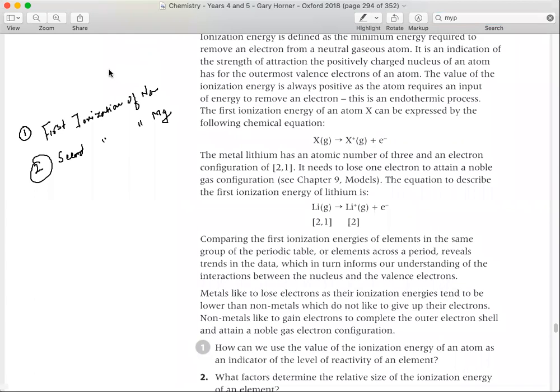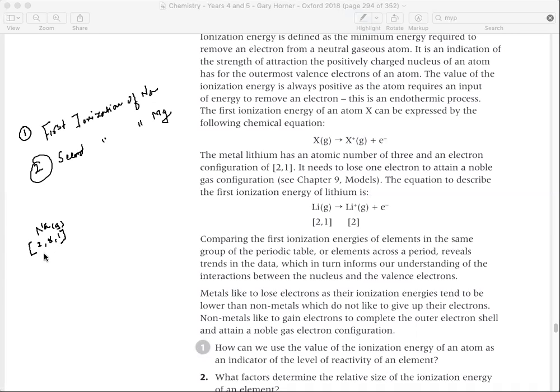You will start with sodium as a neutral gaseous atom. You can write the configuration here. What is the sodium configuration? 2, 8, 1.